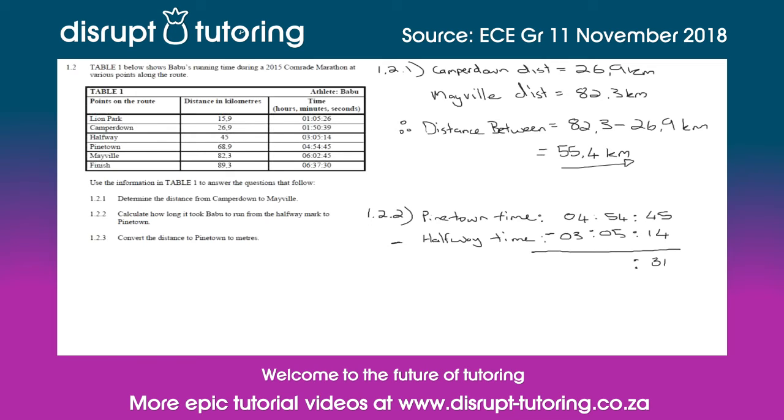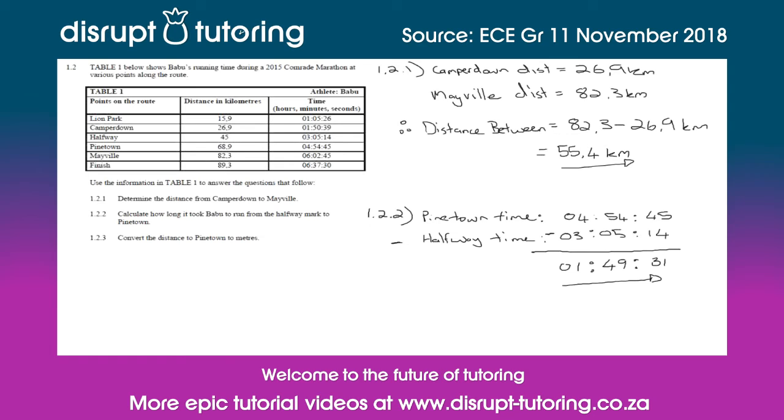Then your minutes, it was 54 minutes minus 5 minutes comes to 49 minutes. And then subtract the 3 hours from the 4, which is clearly 1 hour. And that's your answer. So it is 1 hour, 49 minutes, and 31 seconds.